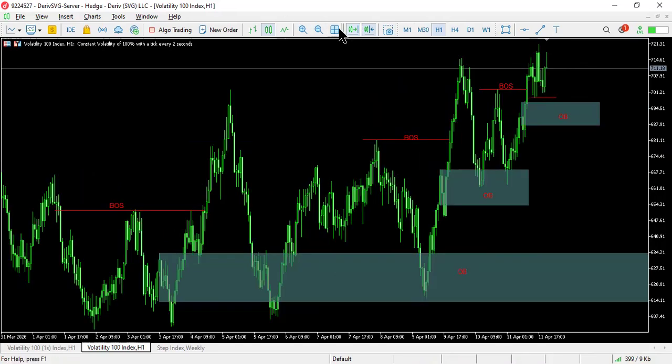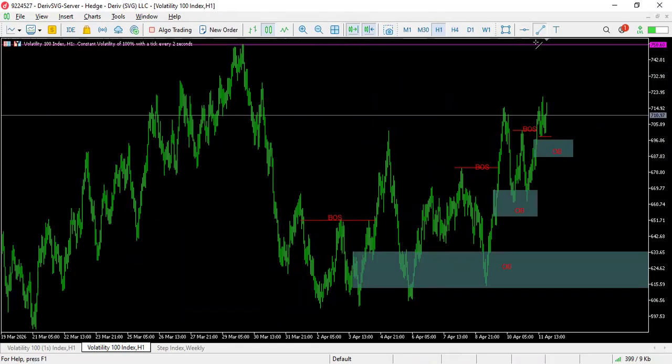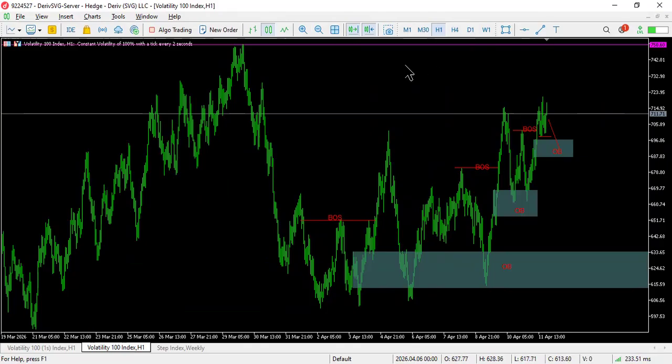Therefore, for this trade, I'm just waiting for price to sweep the liquidity that is seated there.